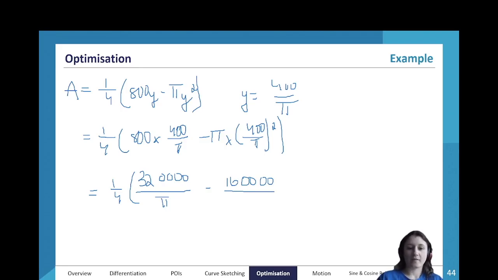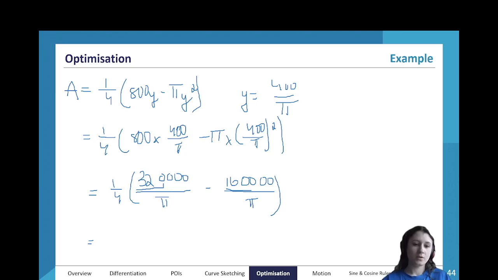We're going to have pi over pi squared, leaving us with just one pi on the bottom. And as you can see, we can actually simplify this quite easily now because we just have pi's on both of the denominators, meaning we can take those two numerators. So we're going to have 320,000 minus 160,000.